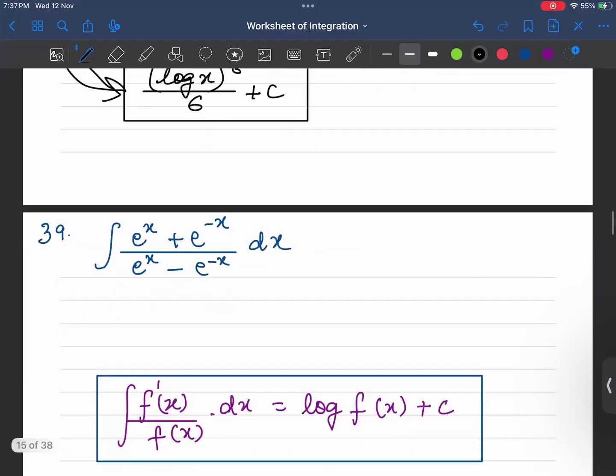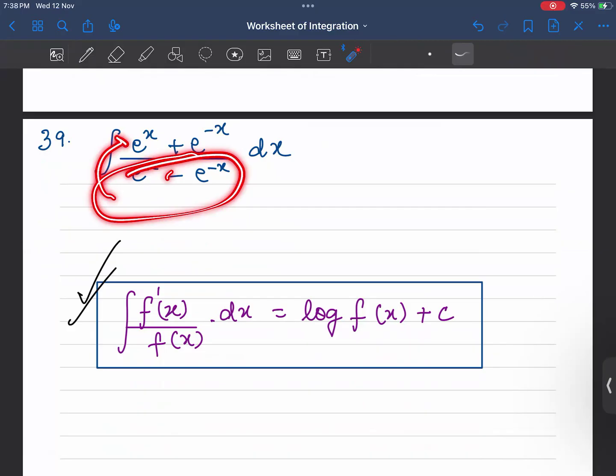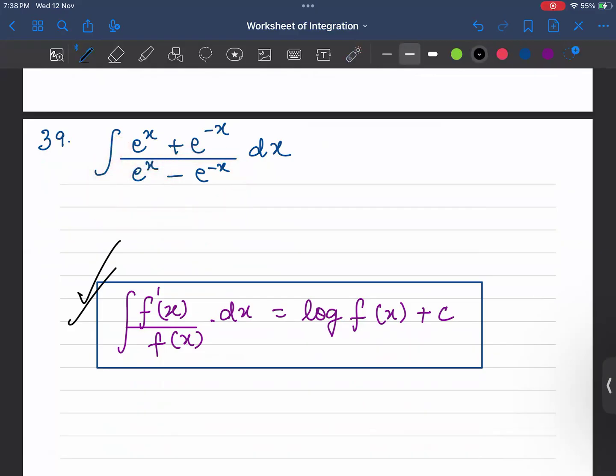Another one, again the same kind of question. Again, this is in the form of this formula. If I differentiate it, it would be the one in the numerator. So directly I can solve it. The answer would be log of e power x minus e power minus x, plus c.